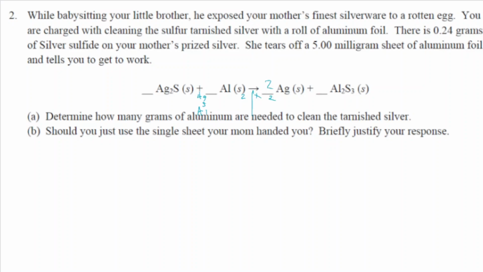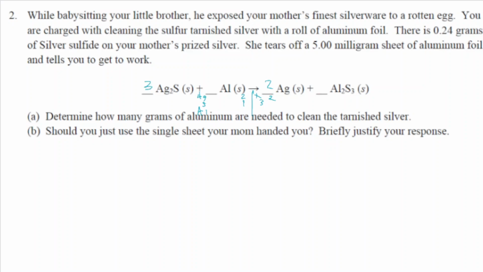Now we're going to look at the sulfurs. When we look at the sulfurs, we'll see that we only have 1 sulfur on the reactant side, but we have 3 sulfurs on the product side. So we'll put a 3 there. And in order to get that to be balanced on both sides, I'm going to need to add a 3 coefficient in front of the silver sulfide.